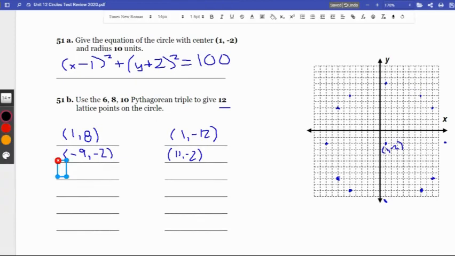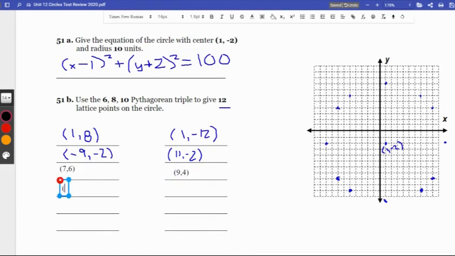I think I'm going to try to speed this up by just using my text box. So starting at (1, -2), I'll start by just adding 6 and adding 8 to get 1 point, and then adding 8 and adding 6. And these are all being added on to the point that I was given. (1, -2) is the point that I'm starting with for all of these.